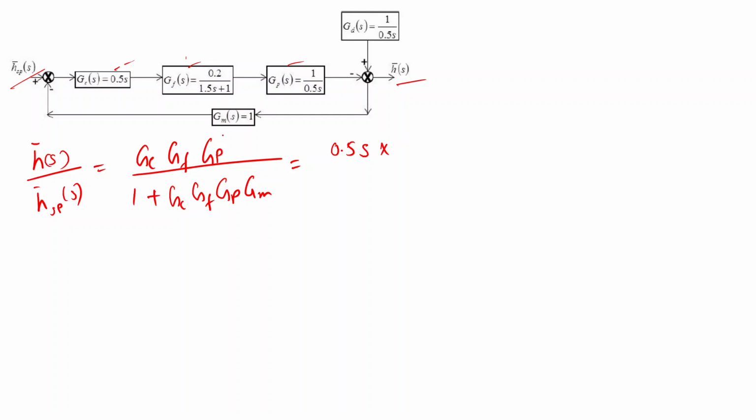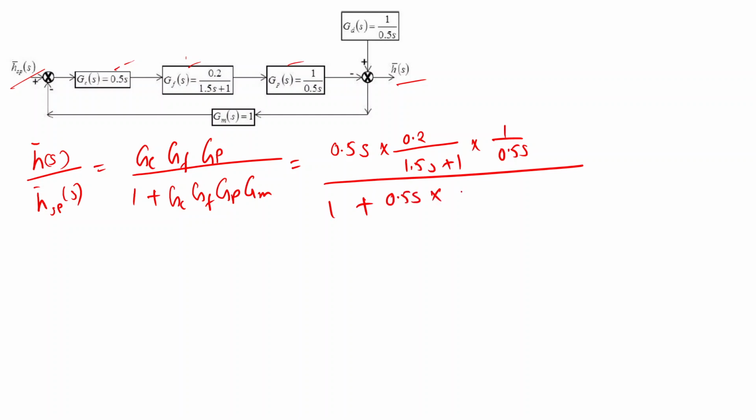So Gc we have been given as 0.5s, Gf we can write as 0.2 upon 1.5s plus 1, into 1 upon 0.5s, upon 1 plus 0.5s upon 1.5s plus 1 into 1 upon 0.5s into 1.